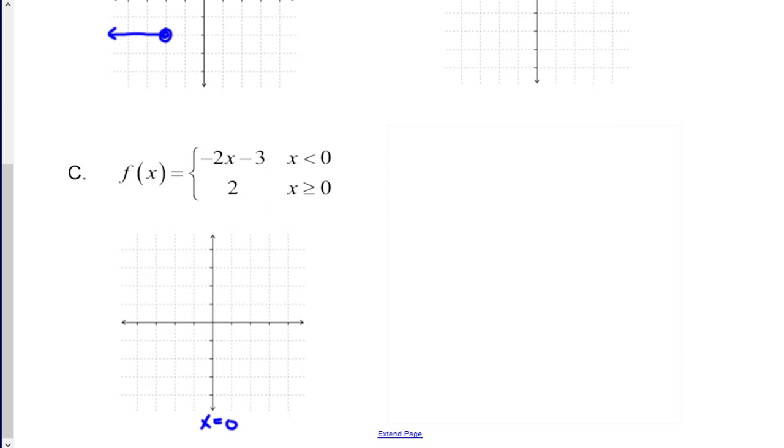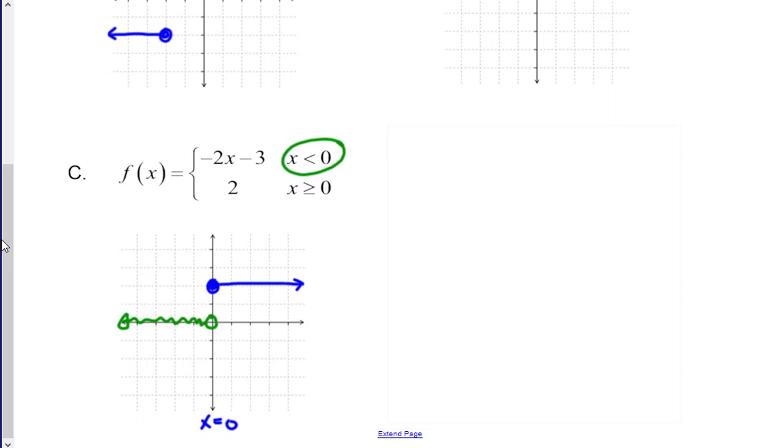So the function positive 2 would look like this, just a horizontal line at positive 2 starting from x equals 0 going forward. Now the other part where x is less than 0, okay, so that's that domain there. The function itself, I would just draw a regular line.